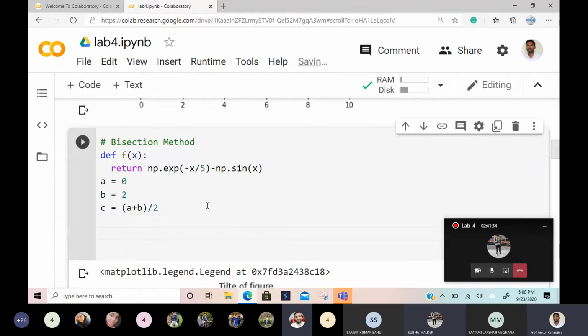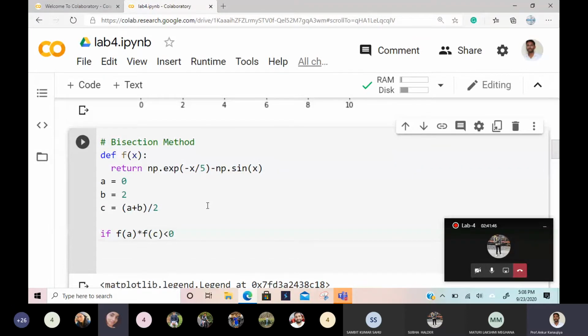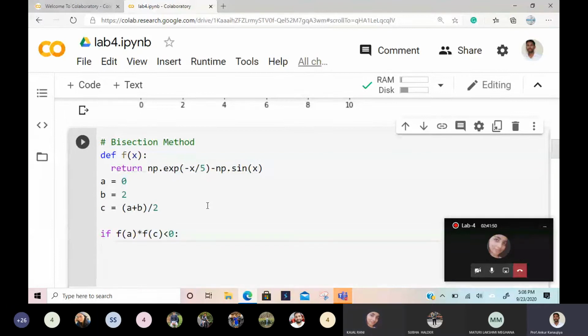So if f of A into f of C is negative, we'll choose A to C, right?